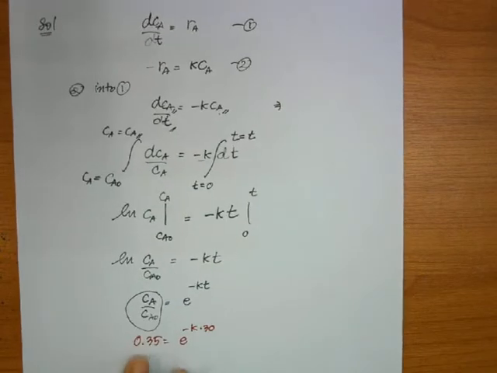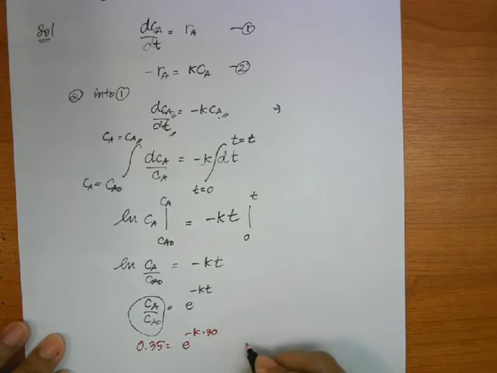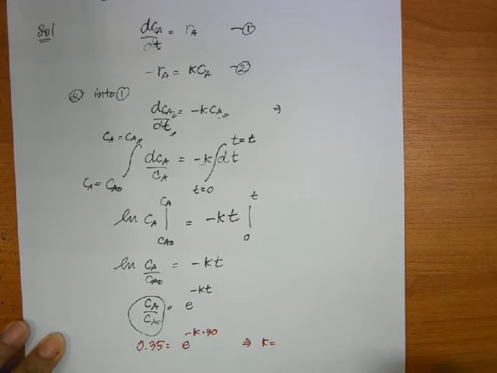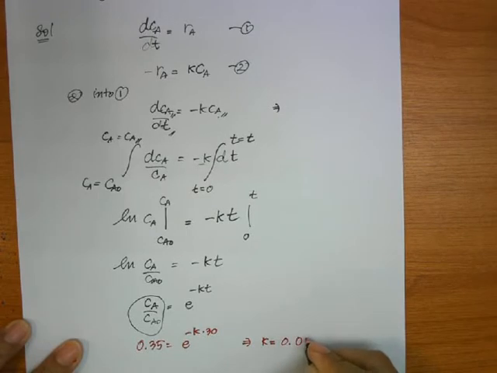So k is equal to 0.035, and the unit is per second.